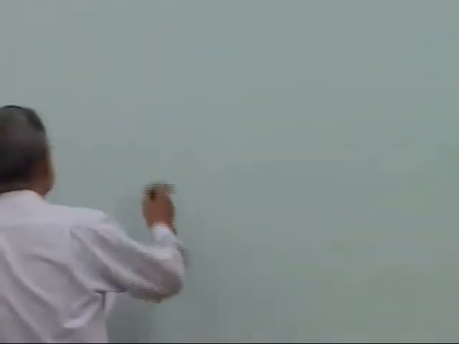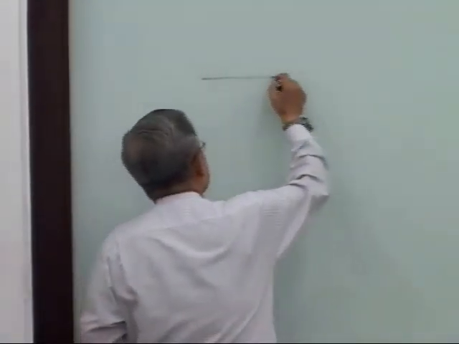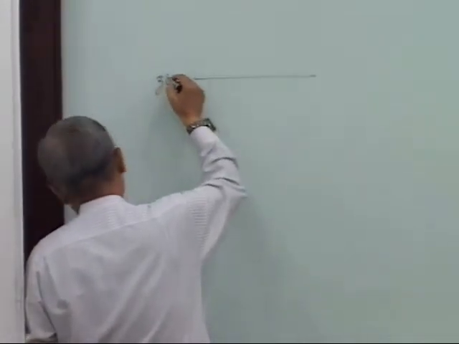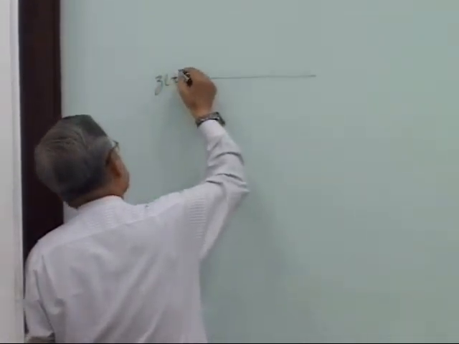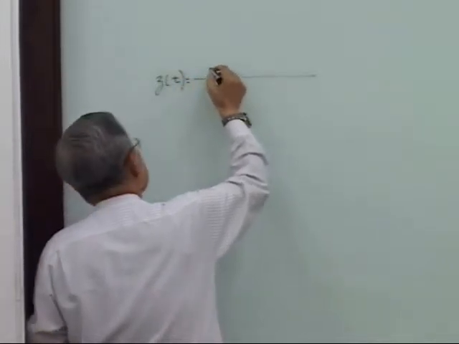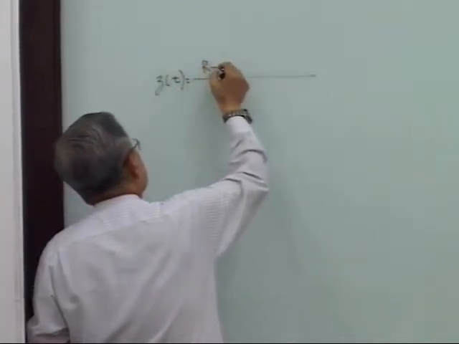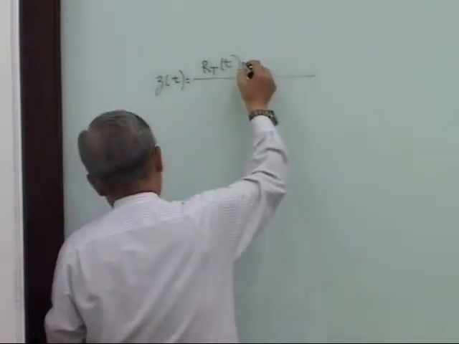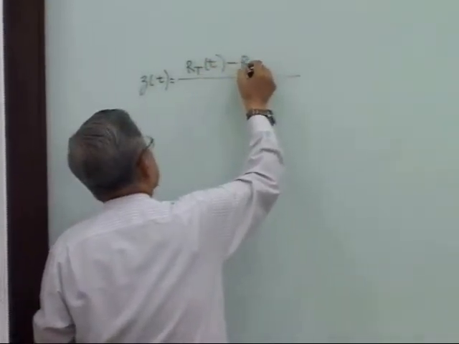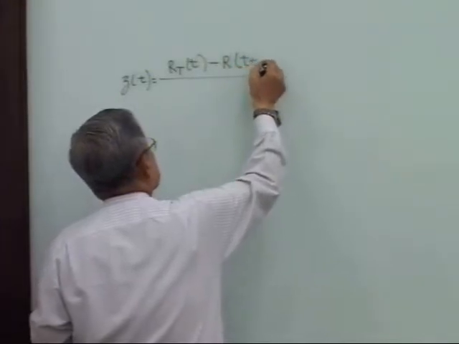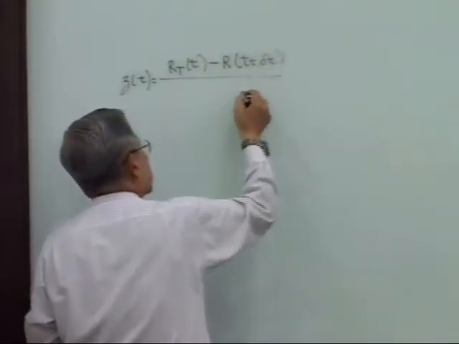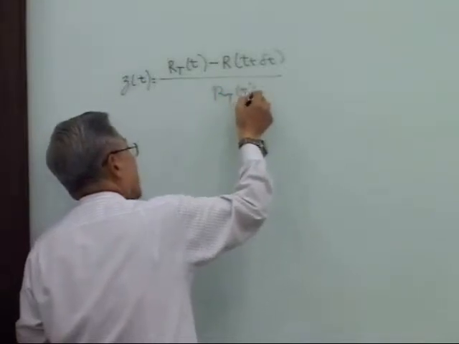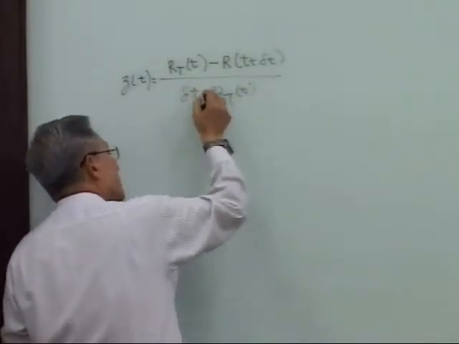The failure rate function, usually called Z(t), is equal to R(t) minus R(t plus delta t) normalized by R(t) per unit time.